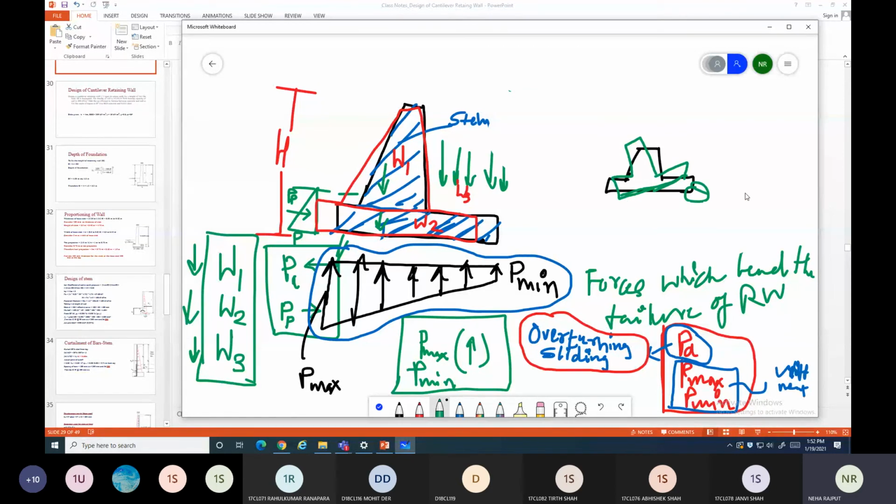So that is called the overturning failure. If this is called this red color line is the sliding. Slide हो जाएगी. If the proper friction between the base slab and soil mass below the base slab is not there, then that will slide. This will overturn due to active pressure.